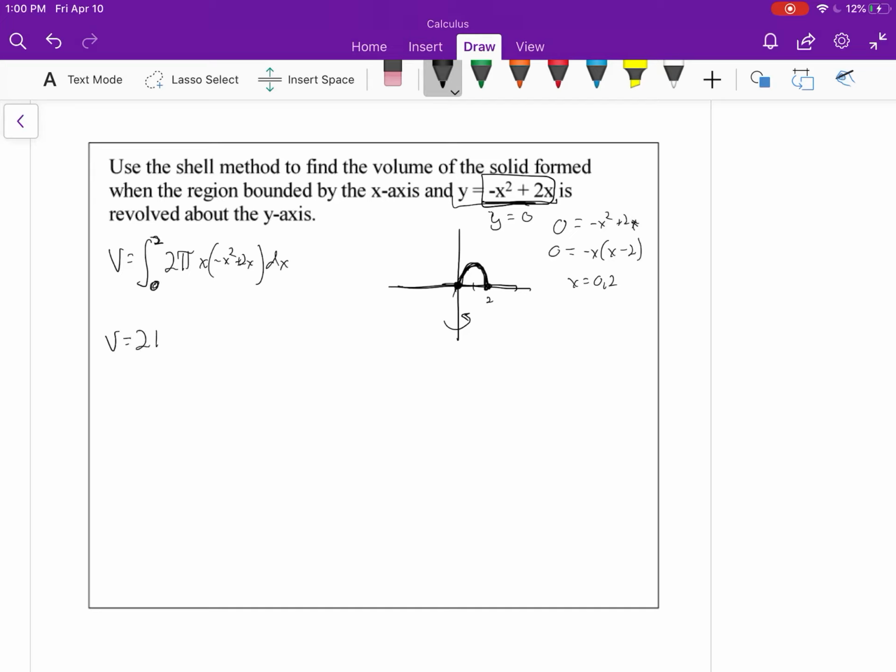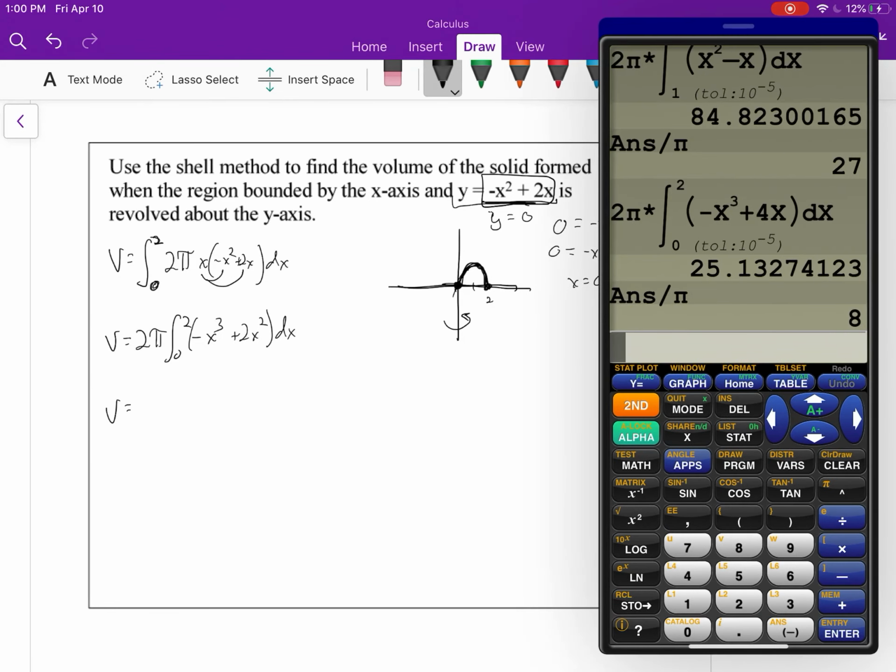So there's our equation. We can simplify it. We got 2 pi from 0 to 2 of, distributing this x in here, negative x cubed plus 2x squared dx. So we can evaluate that integral. It's more efficient just to type it in the calculator.